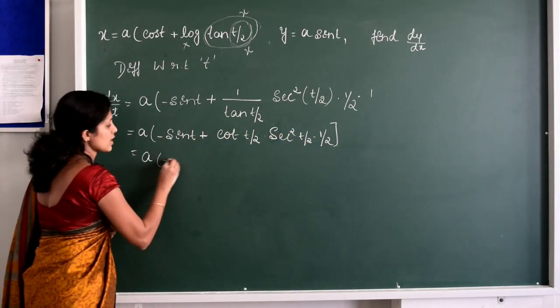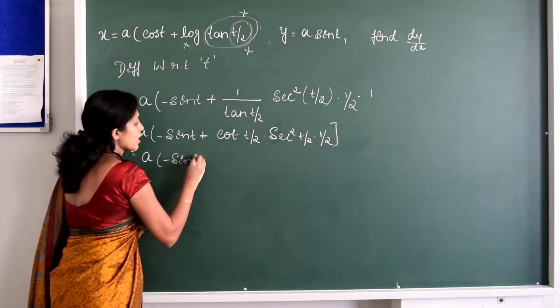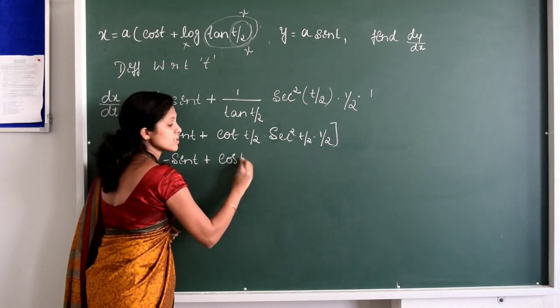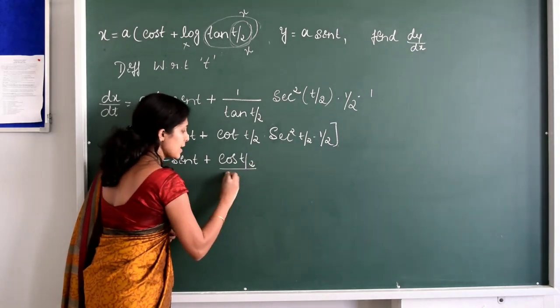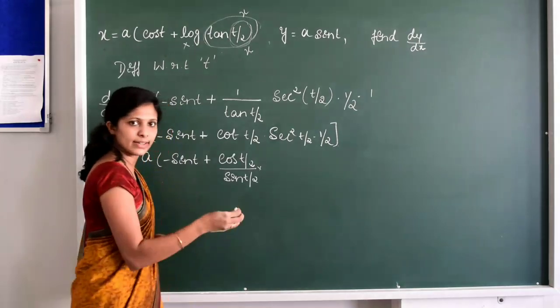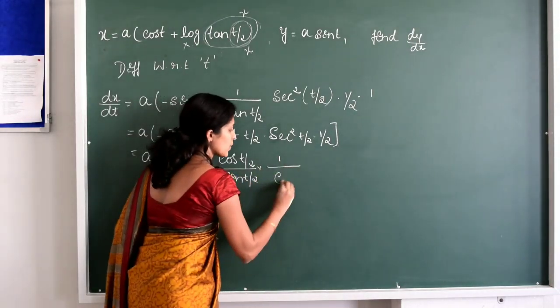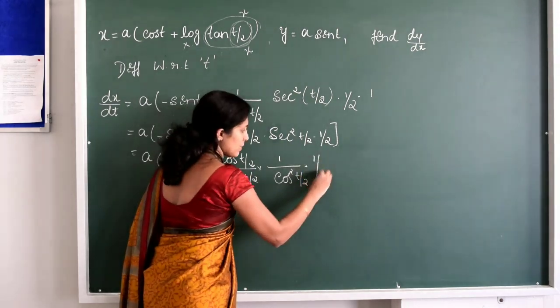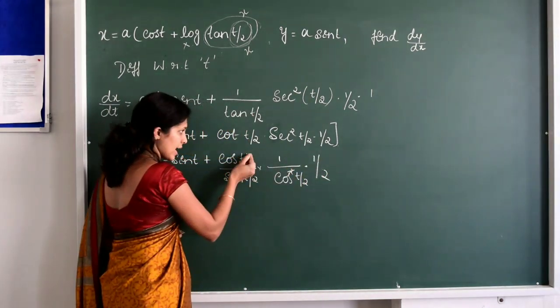A into minus sin t, and cot can be written as cos by sin, so this is cos t by 2 divided by sin t by 2. What is secant square t by 2? I can write it as 1 by cos square t by 2, into 1 by 2. So we can cancel cos and cos.